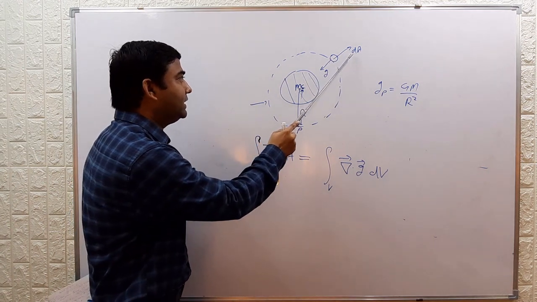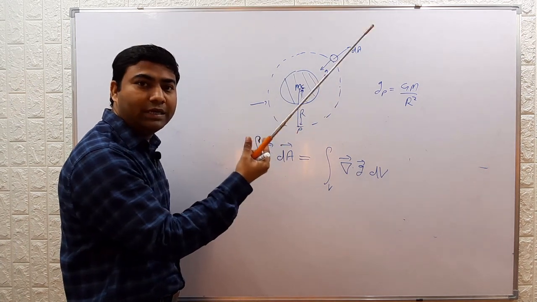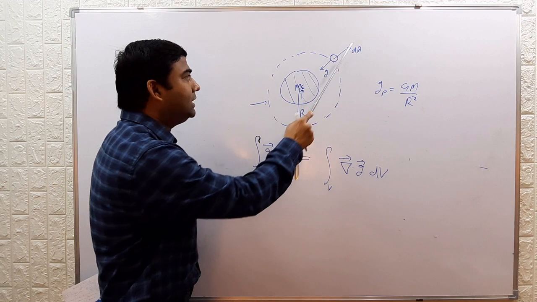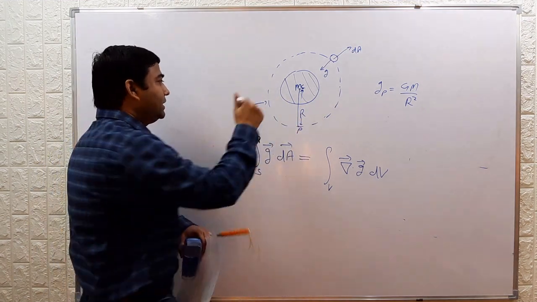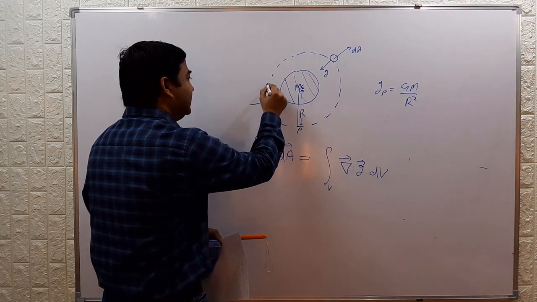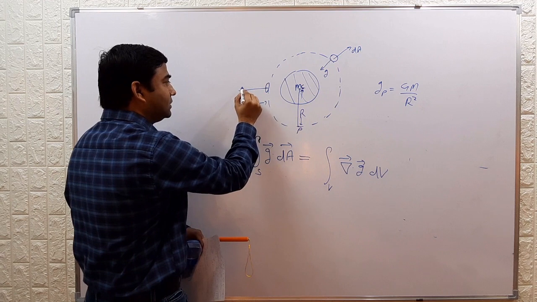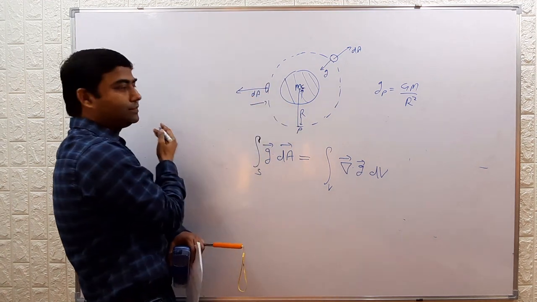Similarly, all small area elements throughout this sphere have direction radially outward. As the convention says, for a closed surface, dA is always perpendicular to the surface, outward.